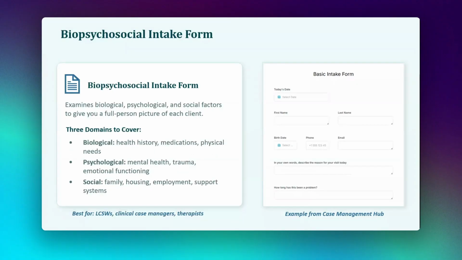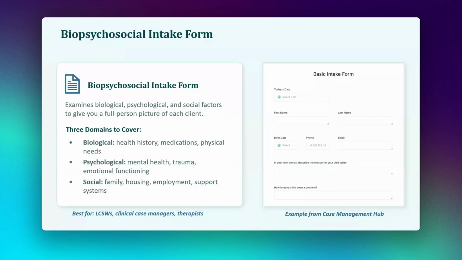The second type of form, and this is a big one, is the biopsychosocial intake form. This is one of the most thorough and widely used social work assessment forms in clinical and case management settings. The name tells you a lot you need to know. It looks at the biological, the psychological, and the social dimensions of a client's life all at once.